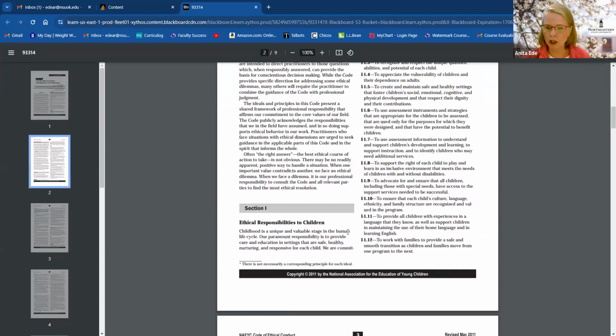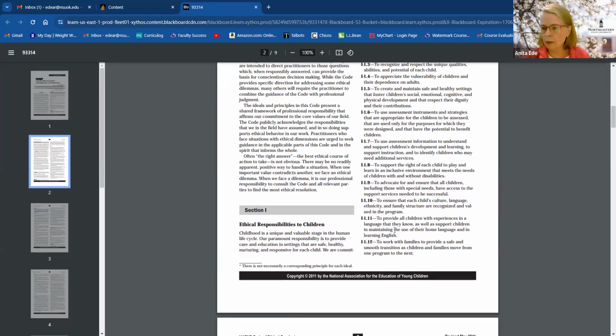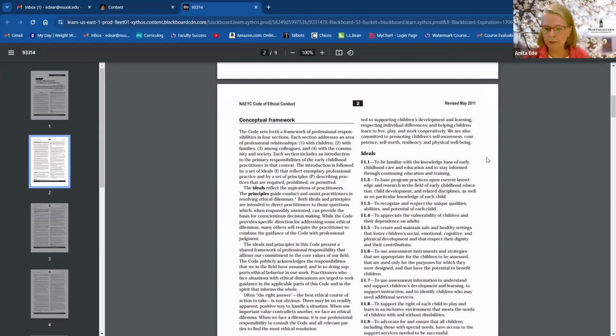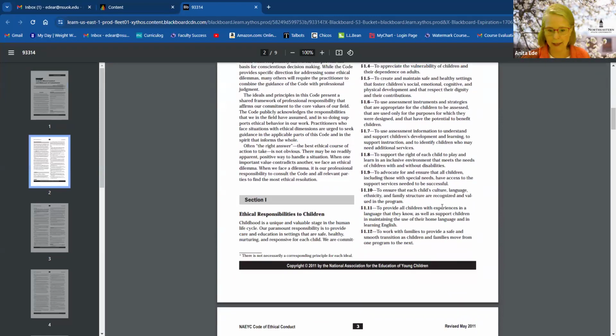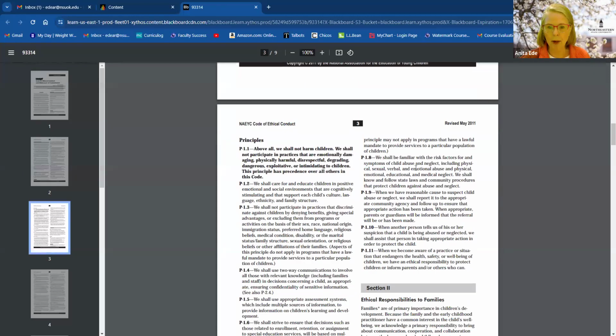When it comes to ethical responsibilities to children, what are the ideals? Ideals are really for a perfect world, and sometimes it's hard to reach ideals, so I'm a big proponent of the principles. Let's get down to business. What's really important here? The most important principle is that children are not injured.